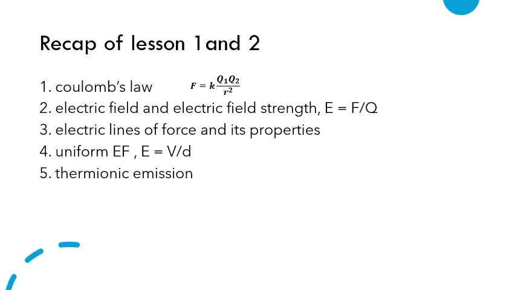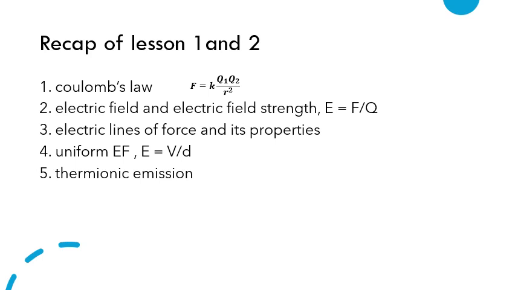After discussing Coulomb's law, we have done electric field and how to calculate the strength of the electric field using the equation E is equal to F over Q. The representation of electric field using electric field lines was also covered in the previous classes.